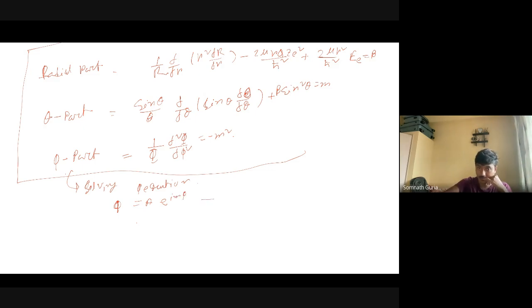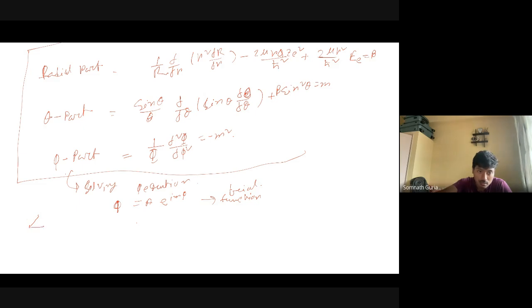This is the trial function, and we operate on that equation, and then we will find the actual function. Before operating, we have to make some postulate on that.